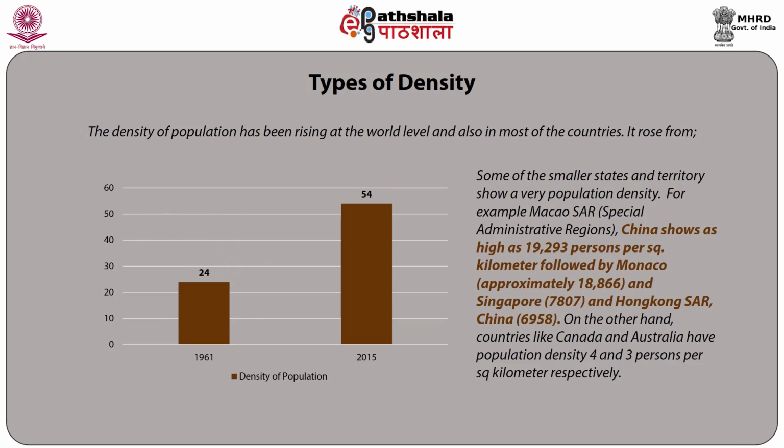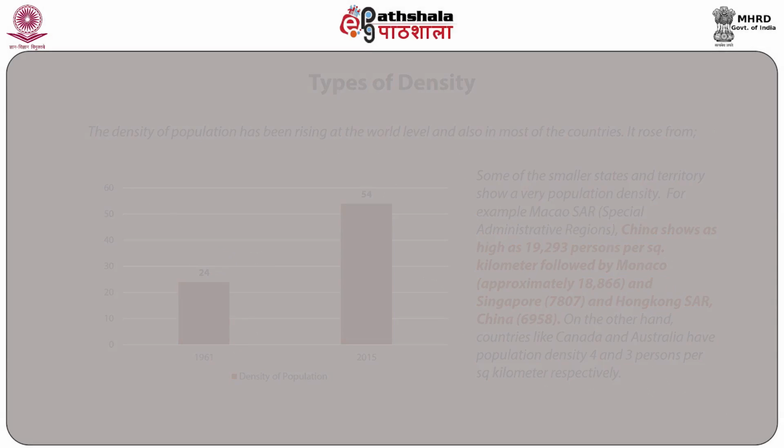On the other hand, countries like Canada and Australia have population density of 4 and 3 persons per square kilometer respectively.